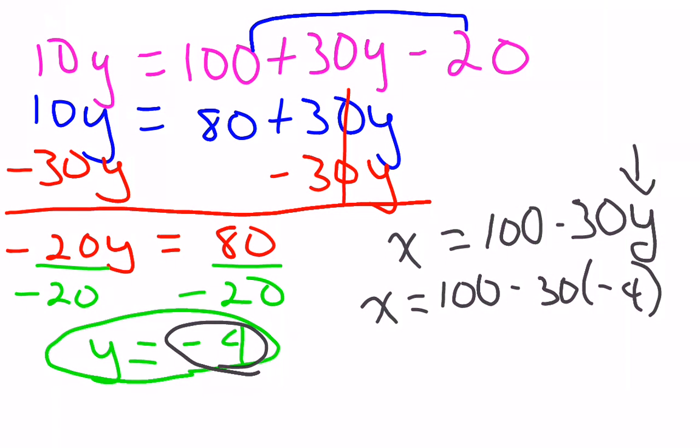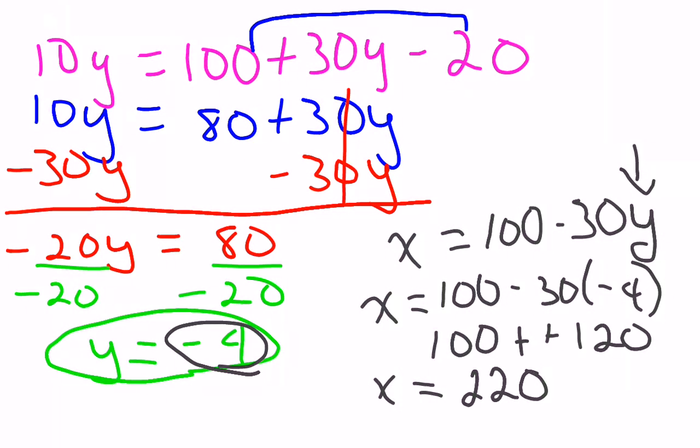So multiplication first, 30 times a negative 4 gives us negative 120. So we have 100 minus 120... sorry, x equals 100 plus 30 times negative 4, which is 100 minus 120, so x equals negative 20. So there is our answer, negative 20 and negative 4. That's it for this video.